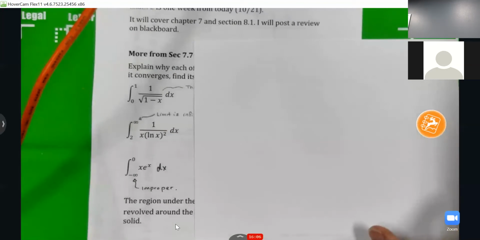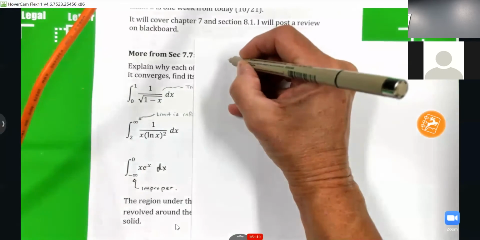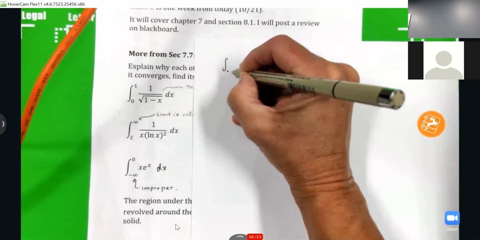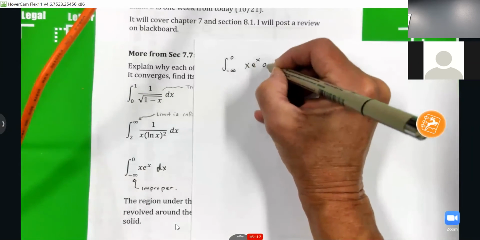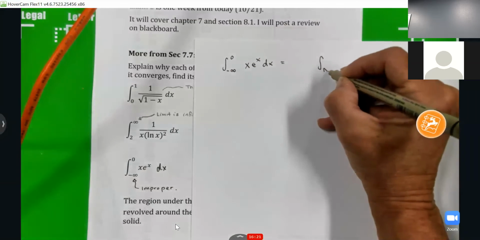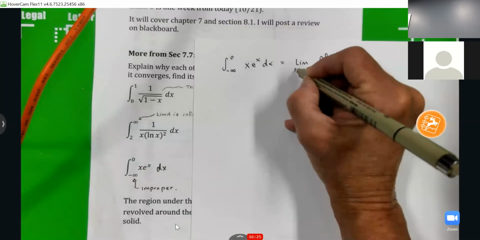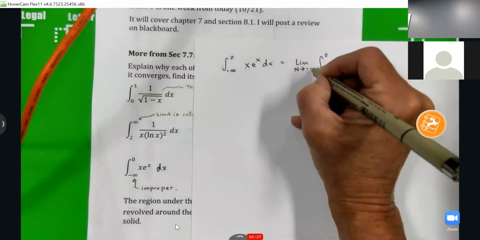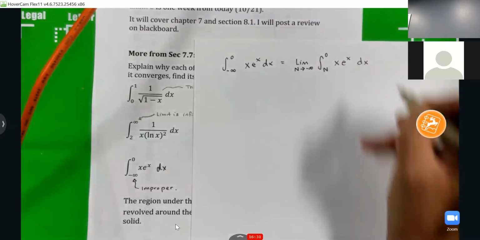So here's our next task: to integrate from minus infinity to 0 of x e to the x dx. I've got to make it a proper integral. Then take the limit as n goes to minus infinity of the integral of x e to the x dx.